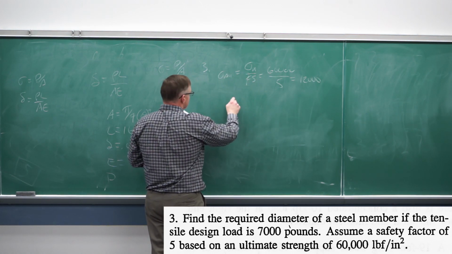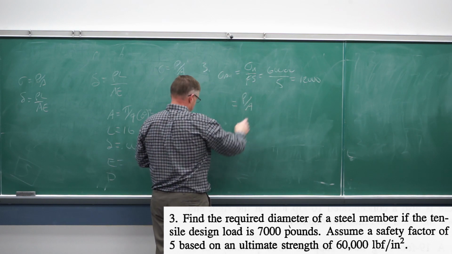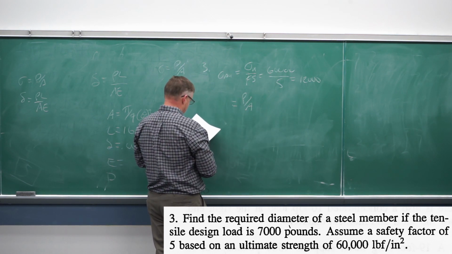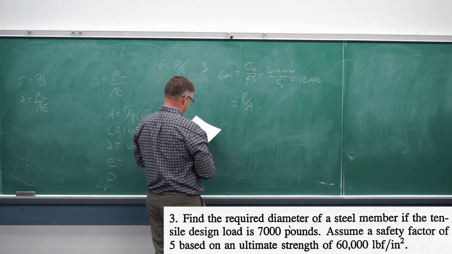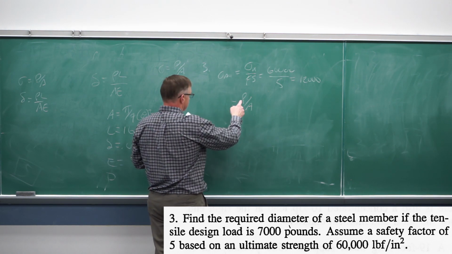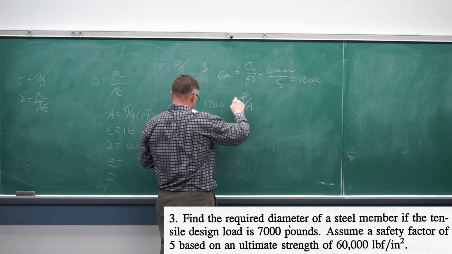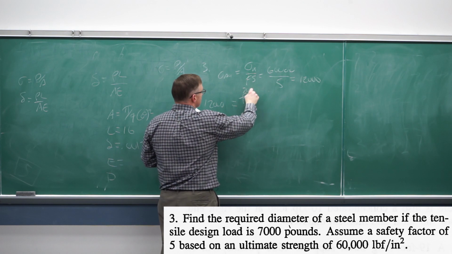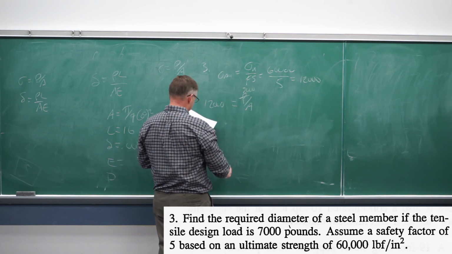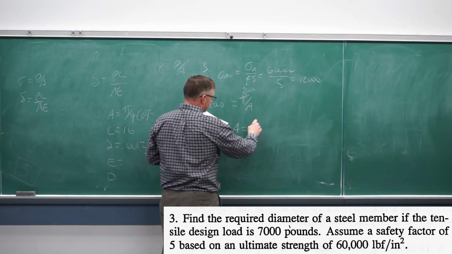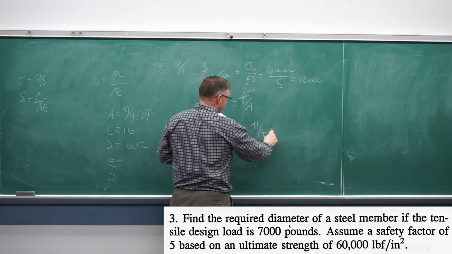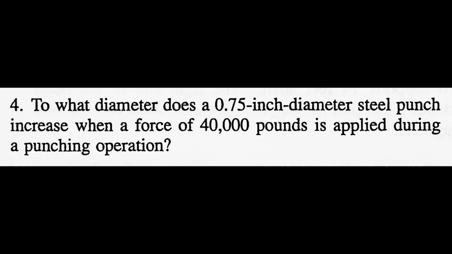And again, that's set equal to P over A. If the tension load is 7,000, this is your 12,000, this is your load of 7,000, and you'll just solve for the area, and knowing that the area is pi over 4 d squared, solve for d.